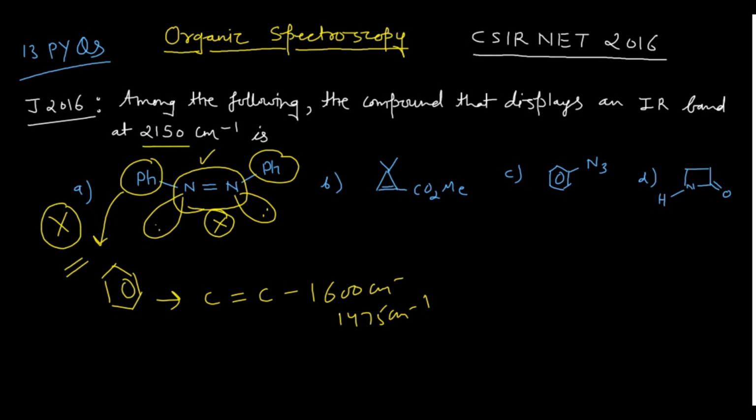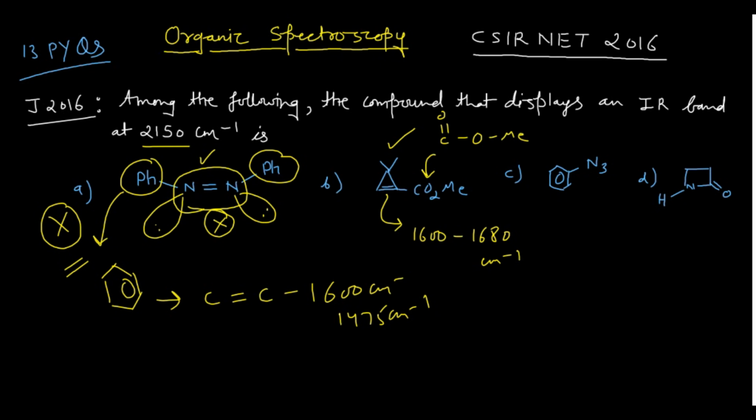Now this is another compound, the interesting one. In this compound you can see this is carbon double bond carbon, and especially when it is of the alkene kind, it gives stretching frequencies somewhere around 1600 to 1618 centimeter inverse. This part is basically the ester part. This is carbon double bond oxygen, and this is a single bond, then your Me.